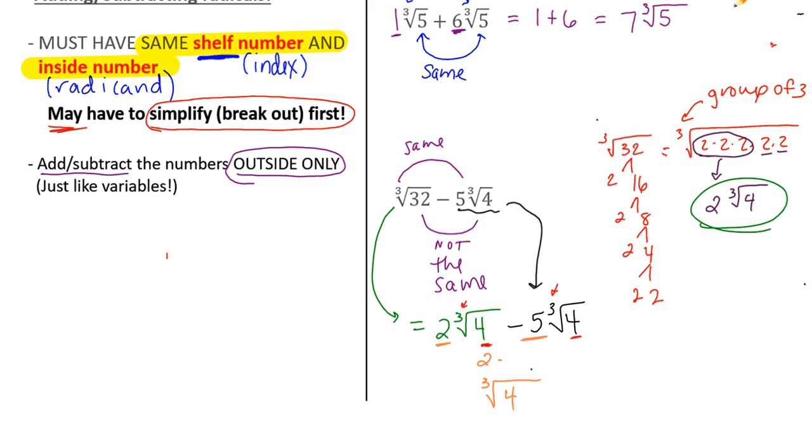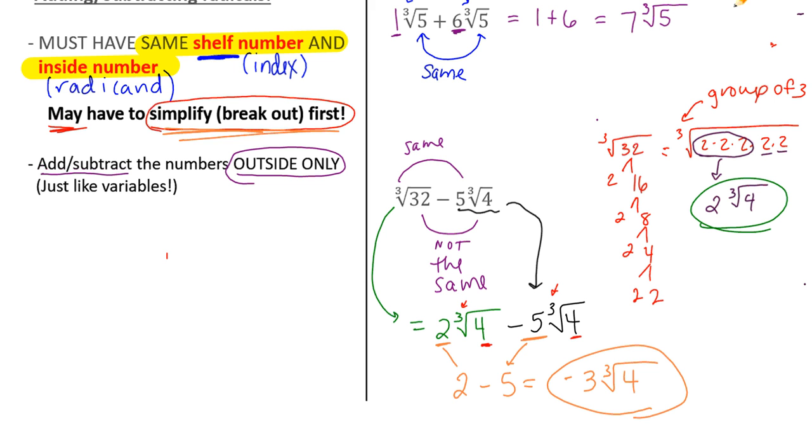So I'm going to go 2 minus 5, which is negative 3, and then we're going to throw that little cube root of 4, and that would be your answer. So 2 minus 5, and then you put the cube root back on there.